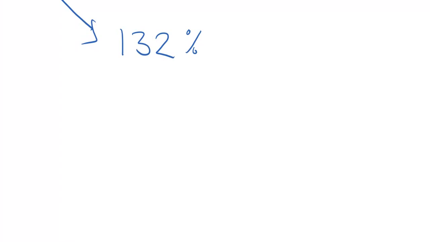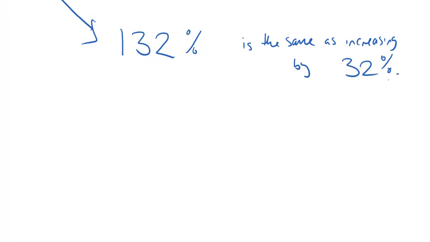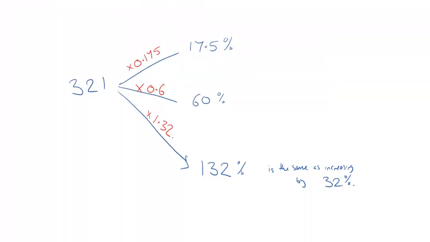Finding 132% is the same as increasing by 32%. So now actually I have a way of increasing and decreasing using this as well. If I want to increase something by 32%, I could just times by 1.32. And that's going to be how we really get this into a really powerful method that will help us do anything in one quick step.